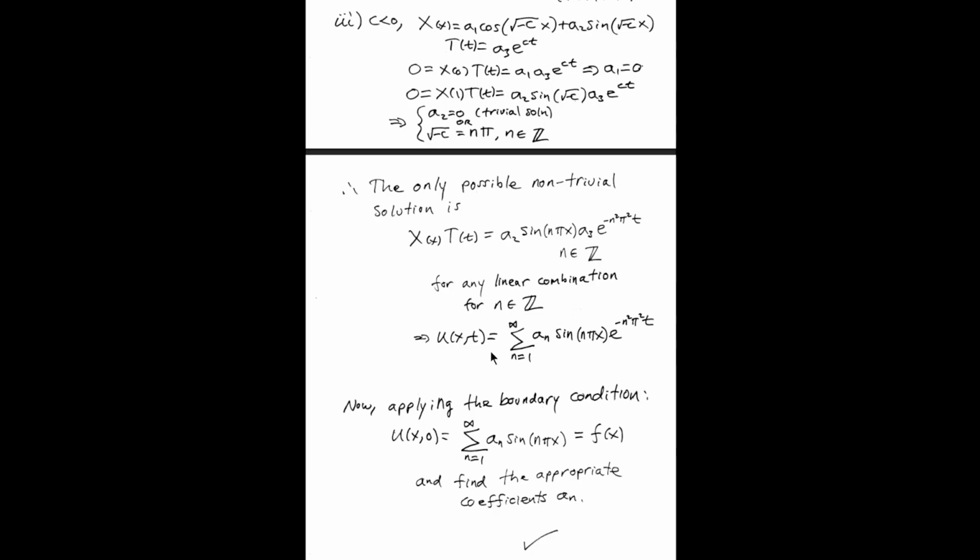So we can say that our u equals the sum as n goes from 1 to infinity of a sub n sine of n pi x e to the minus n squared pi squared t.